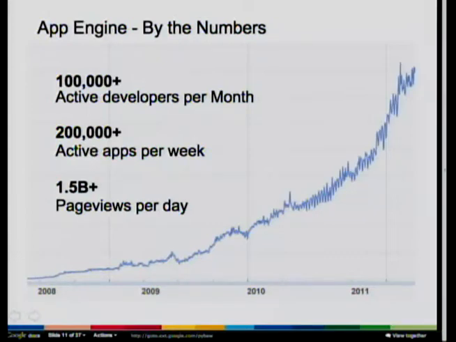And then we have over 200,000 active applications that are registering traffic on a weekly basis. The actual usage is quite large, and this number is a bit dated. This was the number we communicated back in May at Google I/O. It's actually closer to 2 billion page views per day. All in all, the App Engine infrastructure is built to scale, and it's continuing to grow at a very aggressive pace.